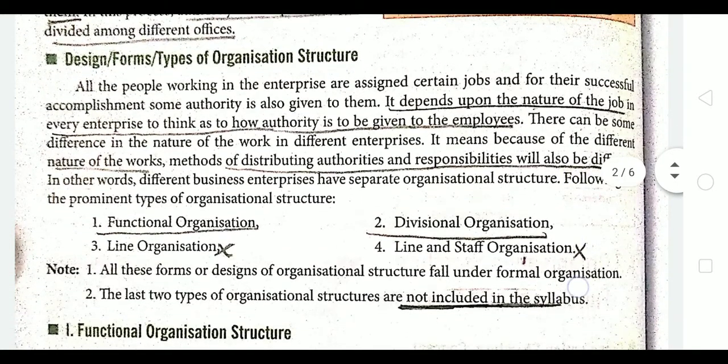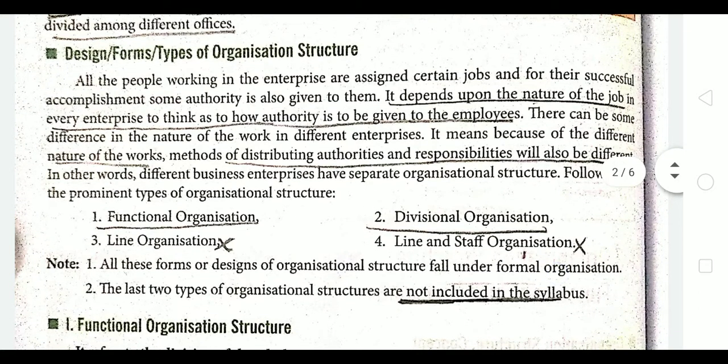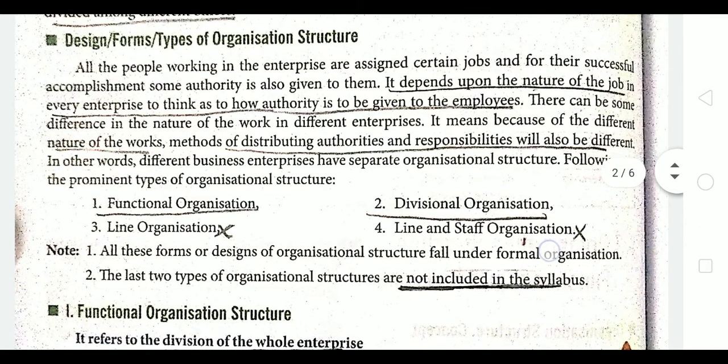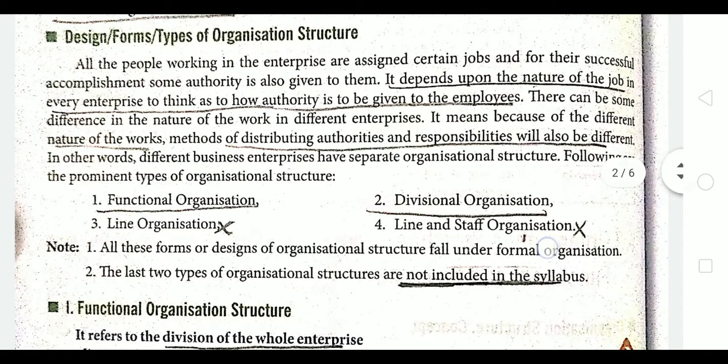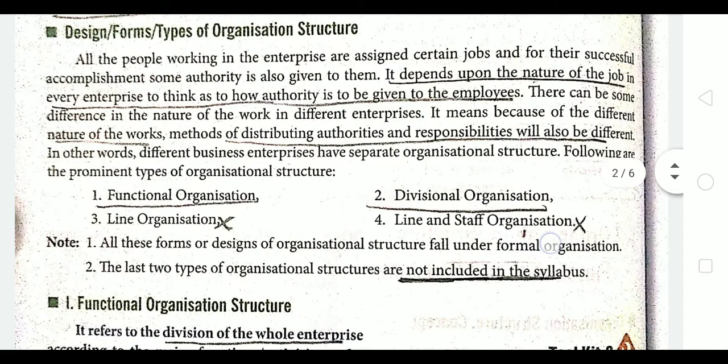Here, design or form or types of organization is our next topic. This is a very important topic from the examination point of view. A case study can be asked in 5 marks or 4 marks regarding this topic. Keeping in view the nature and types of activities of an organization, the organization structure is divided into two types.